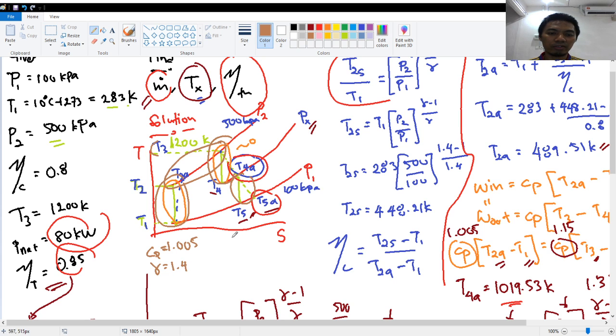On the turbine side, the Cp is always 1.15 and the lambda is 1.33. Sometimes the question gives something different, so just follow the question, but basically it's like this.